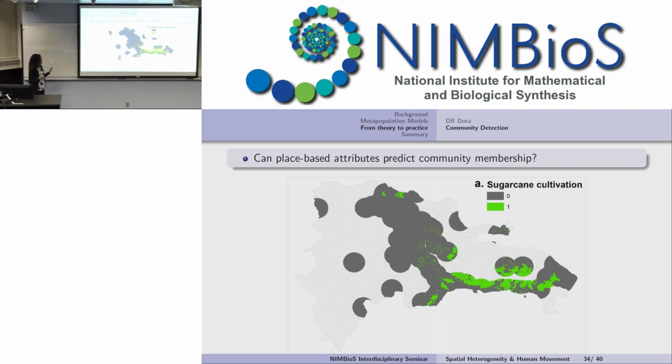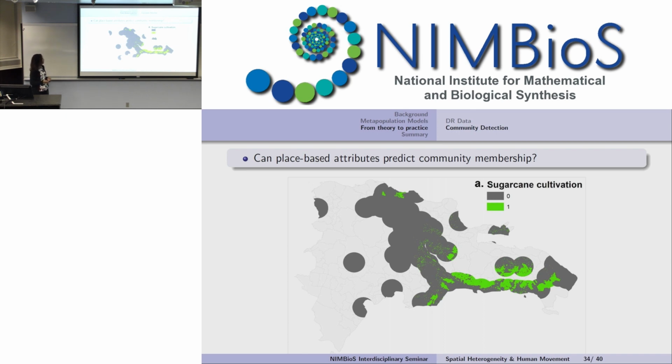So we use this method to find community structure in the call volume data. We want to see whether these other variables, these place-based attributes, can predict the same communities. Each of these disks represents a 15-kilometer radius around each of the towers. If we look at sugarcane, for example, we calculated the area of each of these disks that is covered by sugarcane.